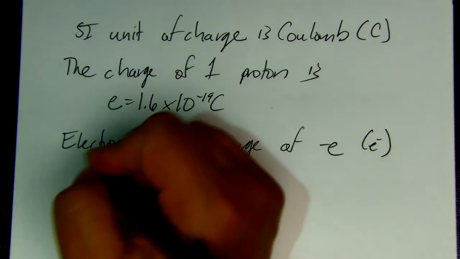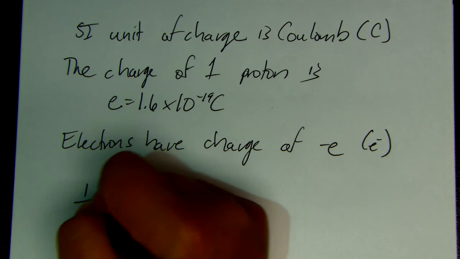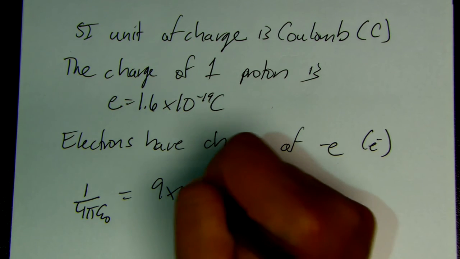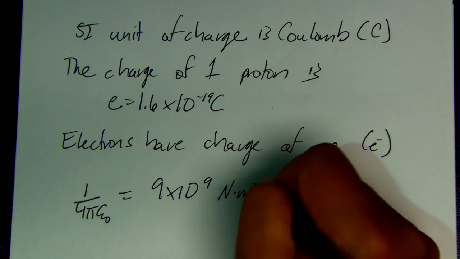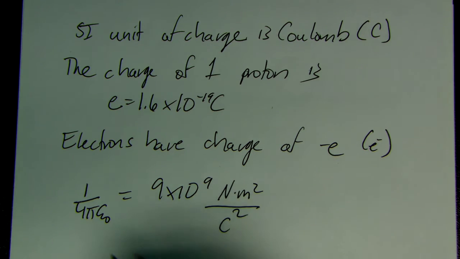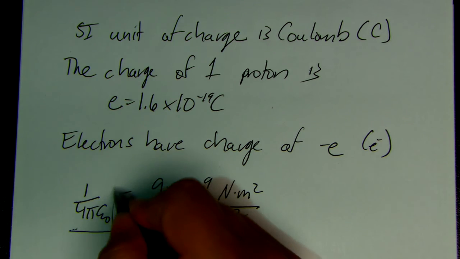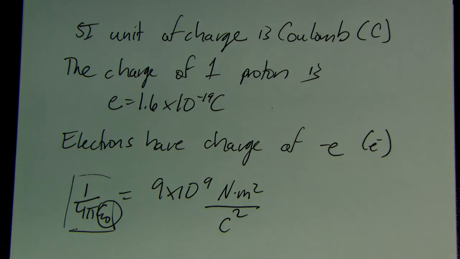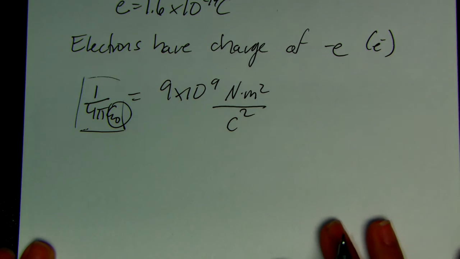Okay, so the constant 1 over 4 pi epsilon naught is equal to 9 times 10 to the 9 Newton meters squared over Coulomb squared. Now in this class we shall always be writing out this full value because this is actually the true constant. The constant is actually epsilon naught.